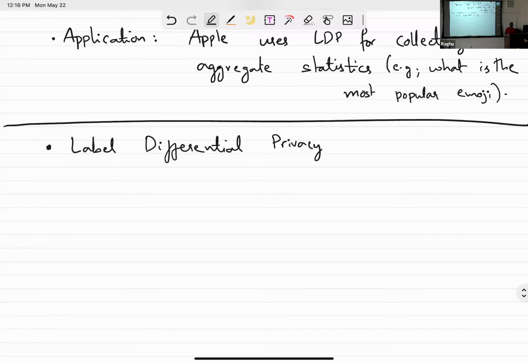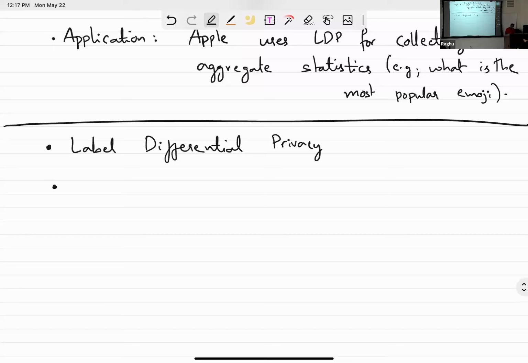Maybe I don't care about what my thermometer readings are, but I do care about my smoking habits or my other habits, right? In my entire medical record, some features are more sensitive than others. I don't care about some, I care about some. Can you somehow develop a notion of privacy where you can specify, okay, column 1, the label, is very special? You need to protect that. If that's the case, maybe we can get better privacy to accuracy trade-offs.